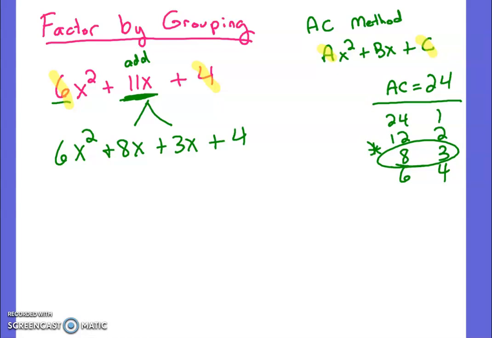It looks like we're making the problem longer because we went from 3 terms to 4 terms. But there is a reason why we're doing this, and we're going to factor by grouping. And by the way, these two middle terms, it does not make a difference which order you put them in. If you put 3x first and then 8x, you'll still get the same answer. Matter of fact, let me show you. We're going to get the same exact answer. So let me rewrite this.